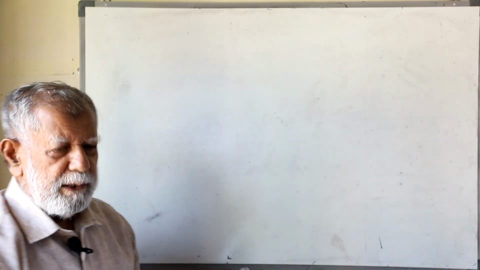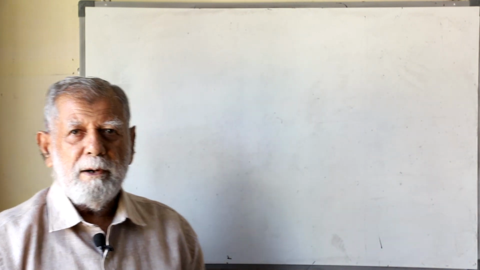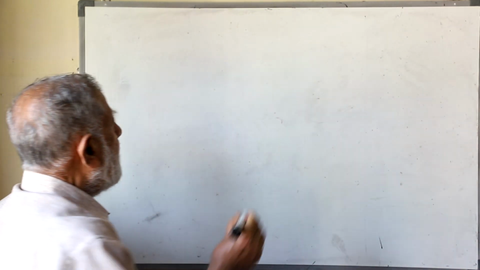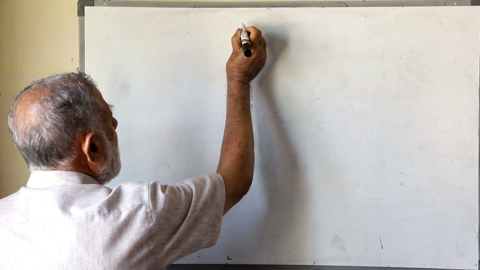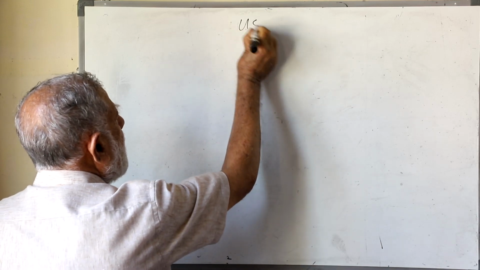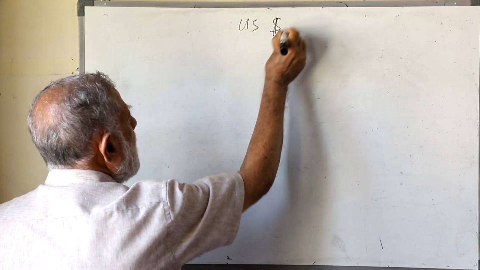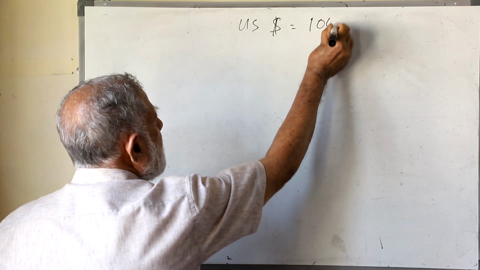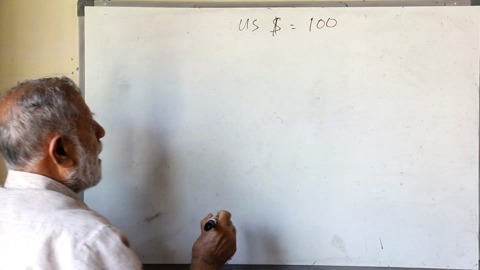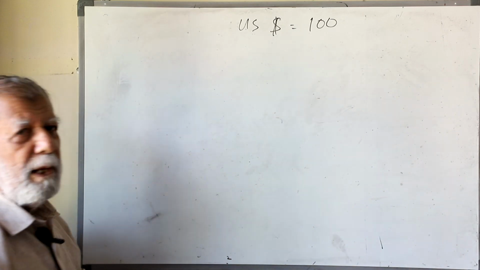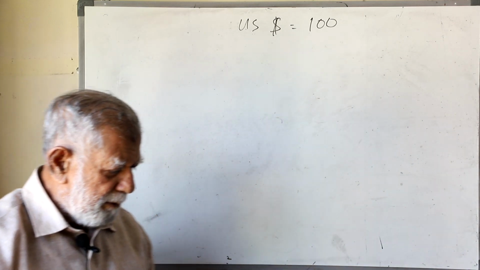Supposing we have to calculate amounts. For example, we say one US dollar is equal to 100 rupees. We'll say a long time ago it was like 100 rupees.